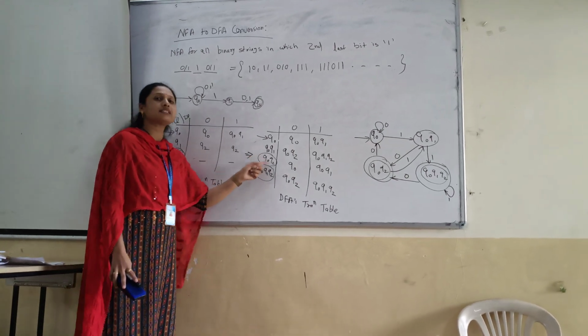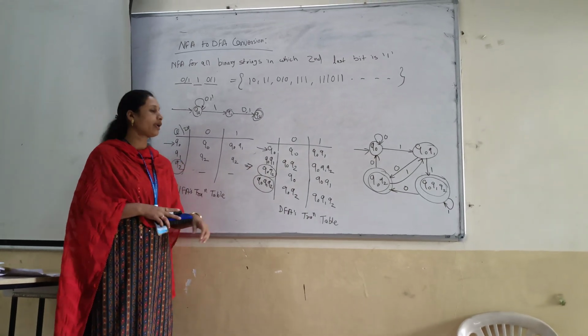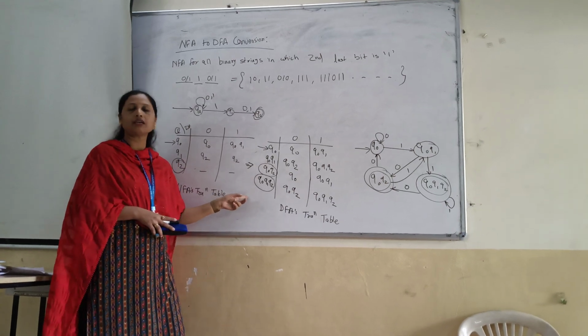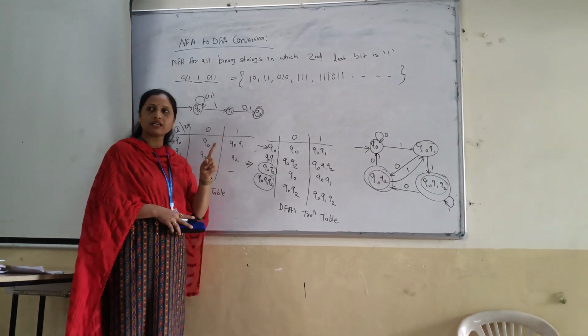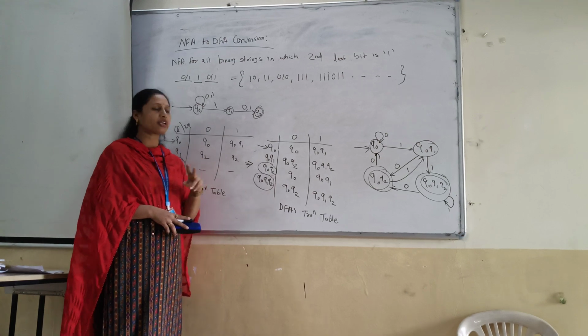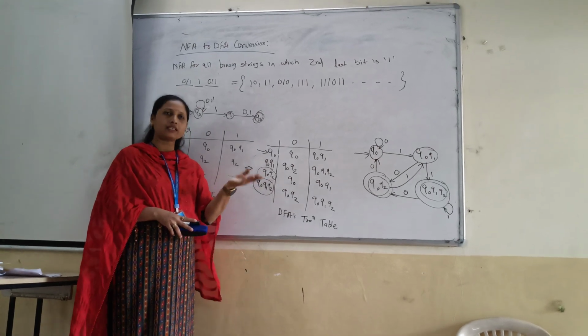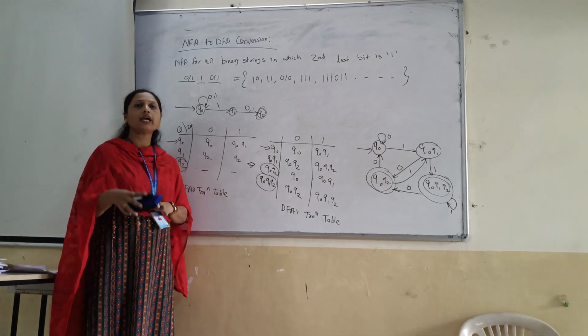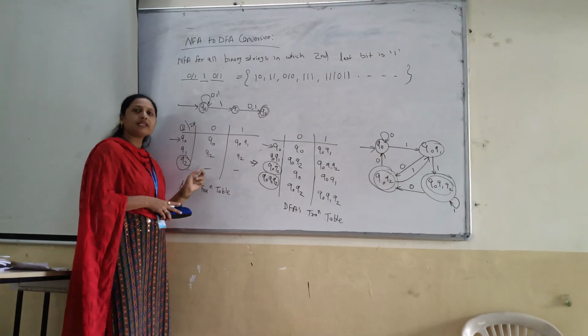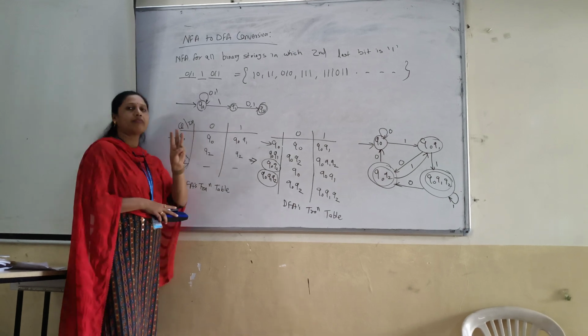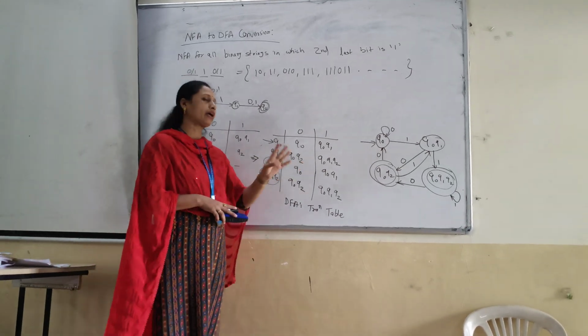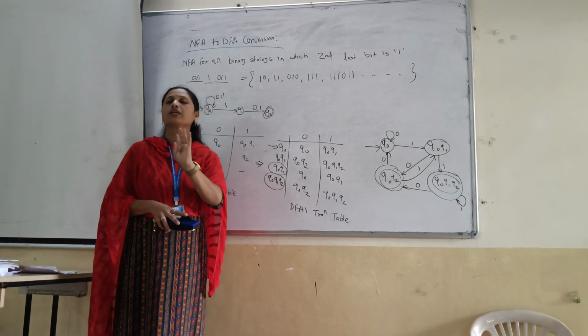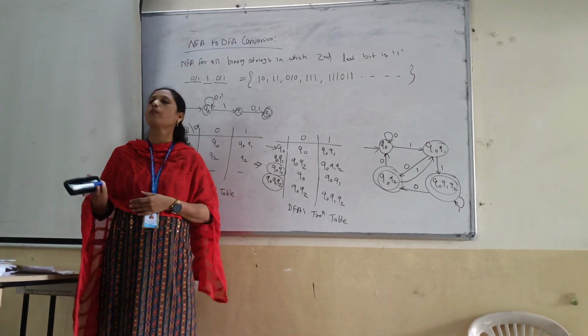We are considering each as a whole state. So how many states are you having here? Four states. Q0 is one state, Q0, Q1 is another state, Q0, Q2 is another state, and the last one is Q0, Q1, Q2. If you observe, in the NFA diagram we are having 3 states. In this diagram we are having 4 states. So in DFA you can have more states.